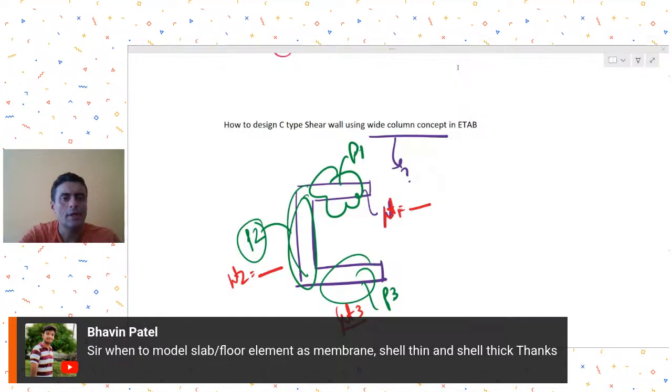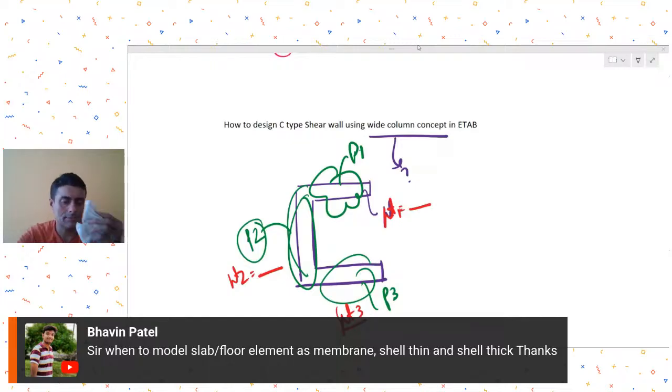Okay. So when you are not interested in the out of plane stiffness, you just want your slab element to act as an interface to transfer loads to beams and columns, then you model it as a membrane.